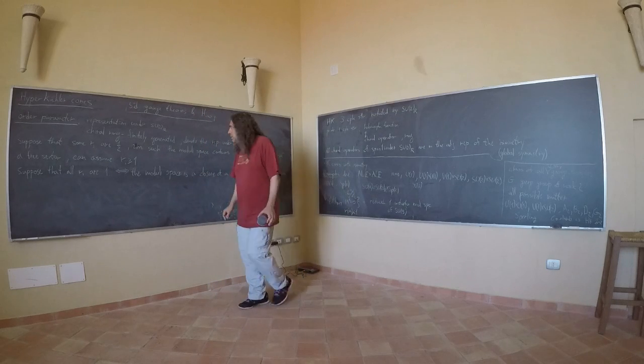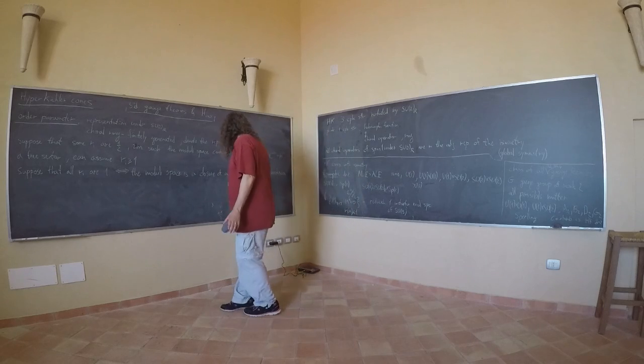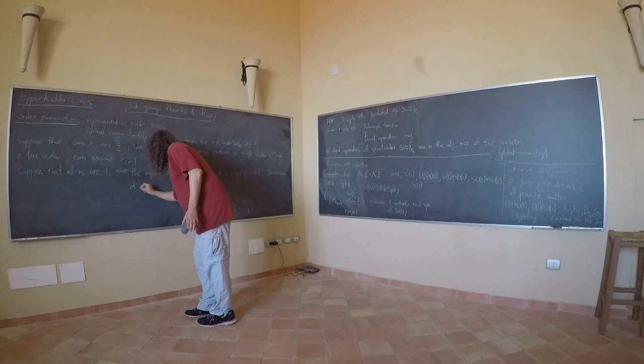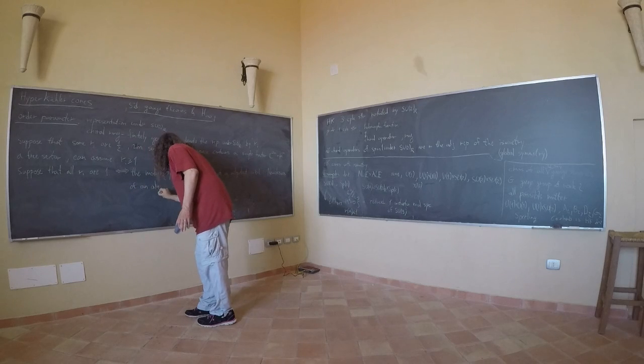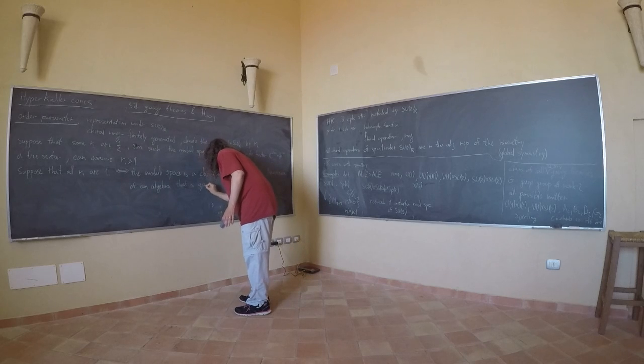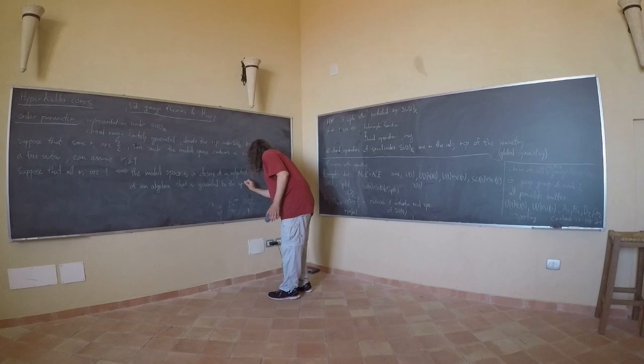Right? So let me be explicit about it. We put an orbit of an algebra that is generated by the spin 1.